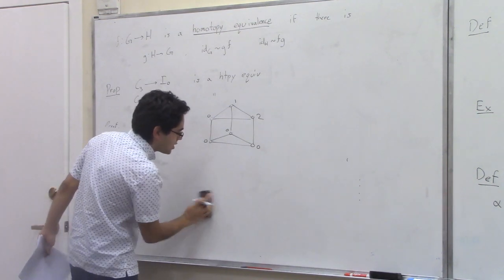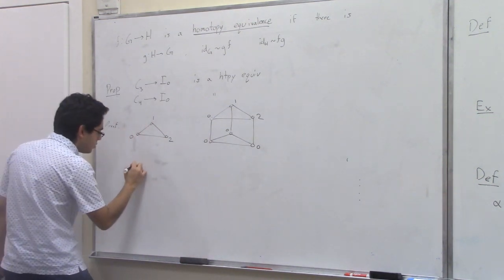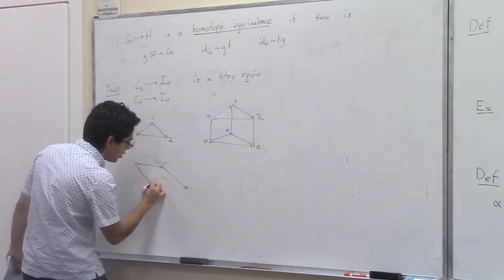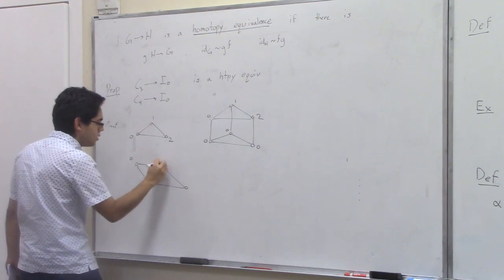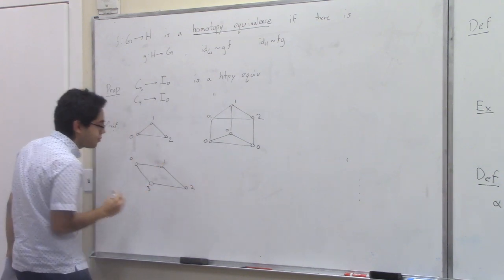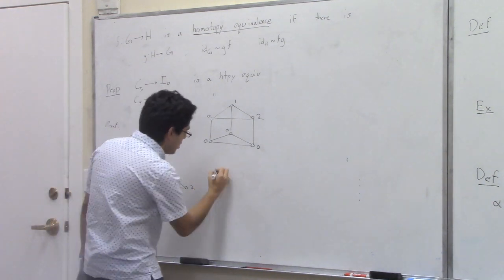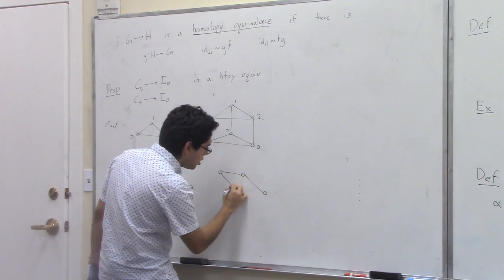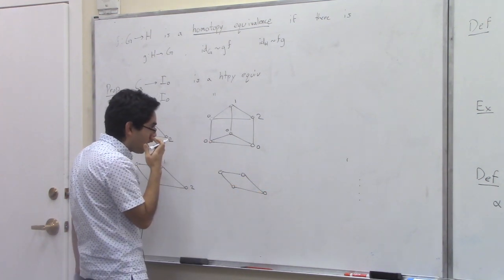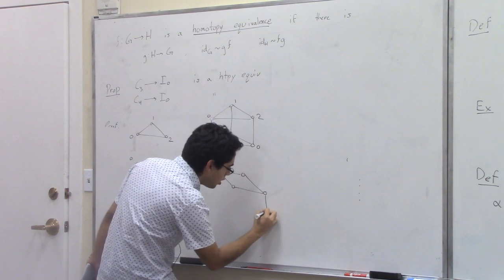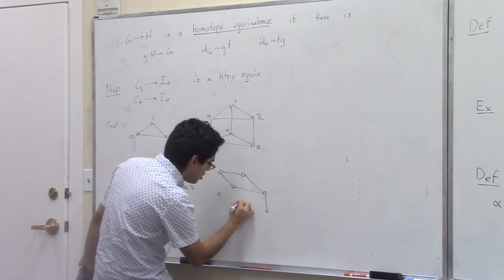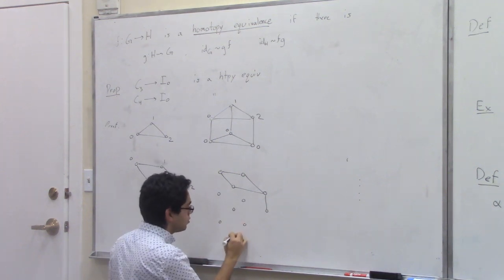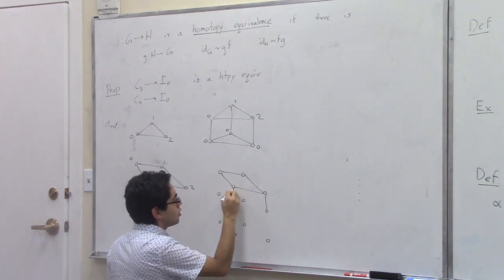And now if I wanted to do the same thing for the 4 cycle, so if I just draw the 4 cycle like this, 0, 1, 2, 3, then I will do this homotopy now. So now I will draw not C4 tensor I1, but C4 tensored with I2. This is what I'm going to draw for you.